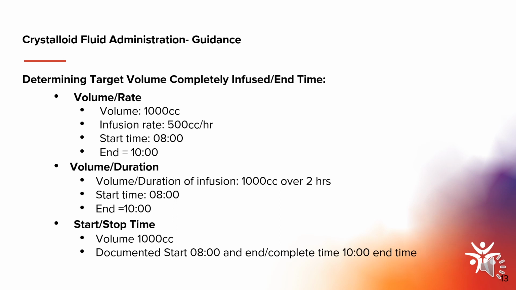The end time would be 10 o'clock. The third way is the start and stop time documented. So the volume is 1,000 cc's. The documented start time is 8 o'clock, and the completion time is 10 o'clock. So those are the 3 ways that you can calculate the end time of your infusion.